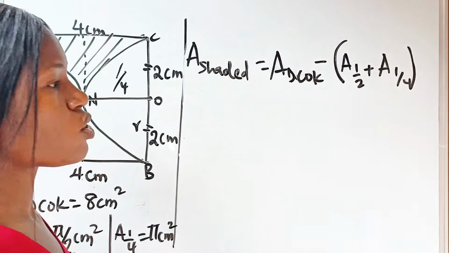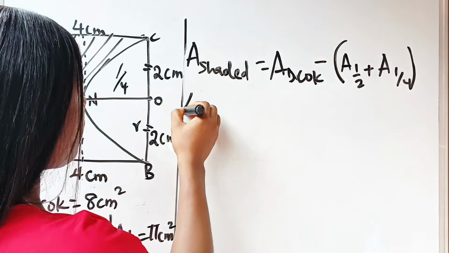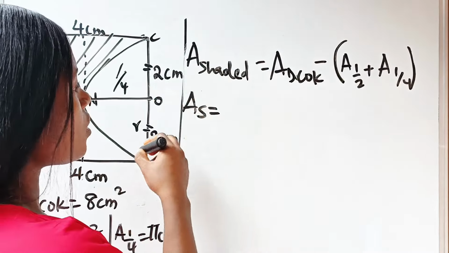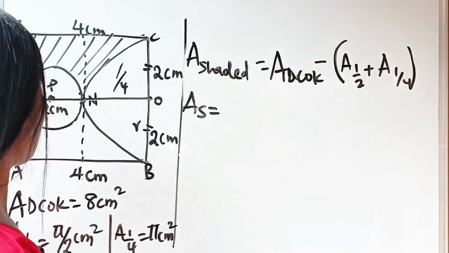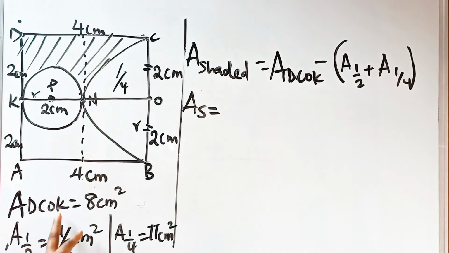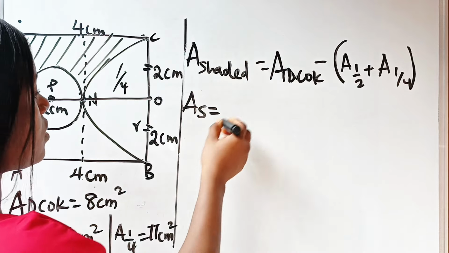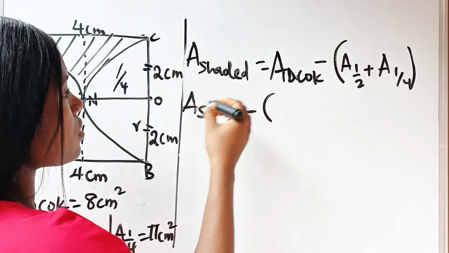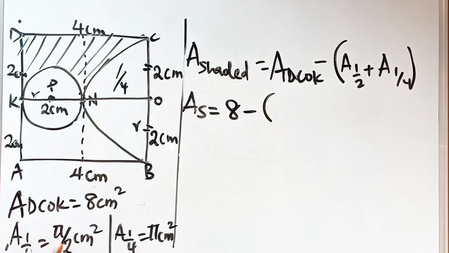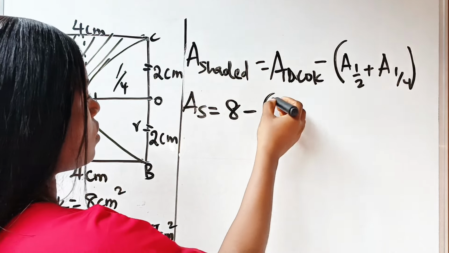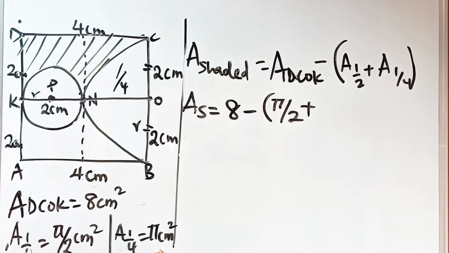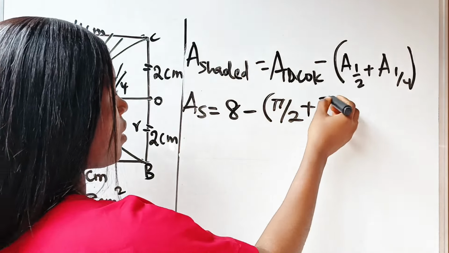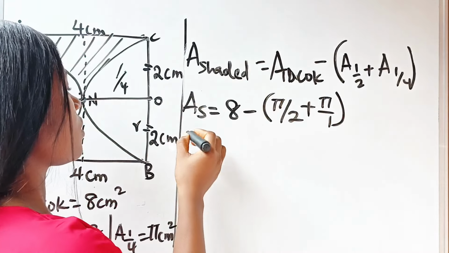Okay, so if we solve this further, we'll have area of the shaded is equal to area of DCOK, which we have gotten as 8 centimeter squared. So 8 minus, area of the half circle is pi over 2, plus area of the quarter circle is pi over 1.